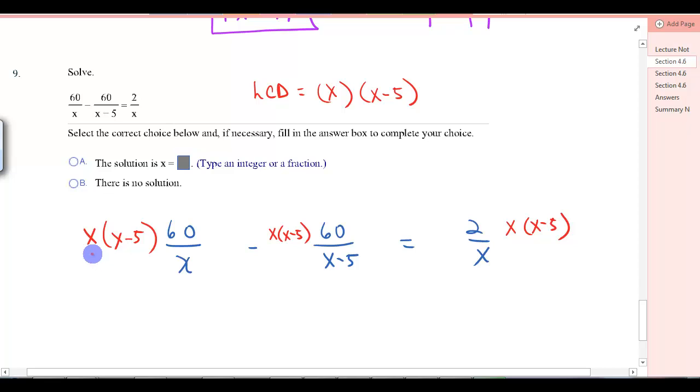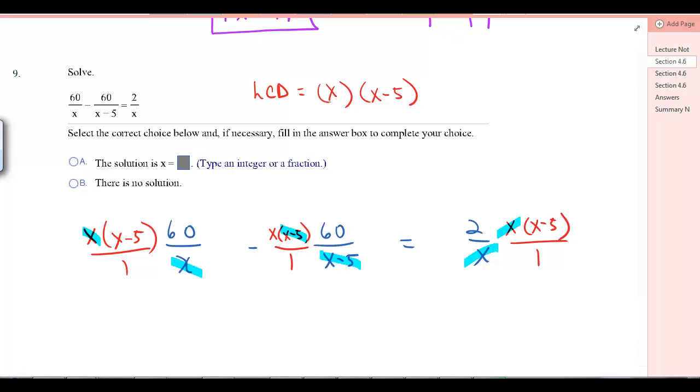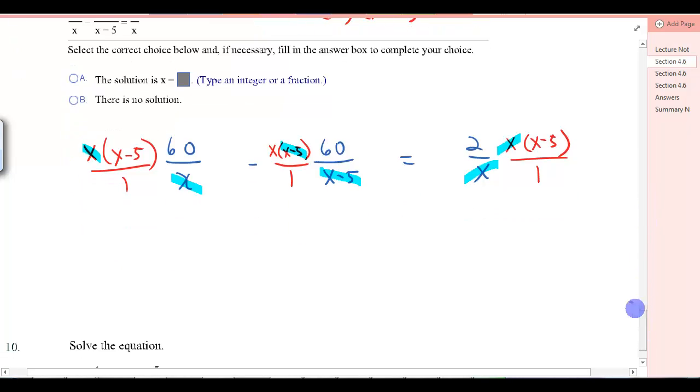And it's all over 1, so we can just do that. So when we do that, we can see that x and that x mark out, that x -5 and that x -5 mark out, that x and that x. So we've got all of the denominators gone. Let's go through and write what is left.